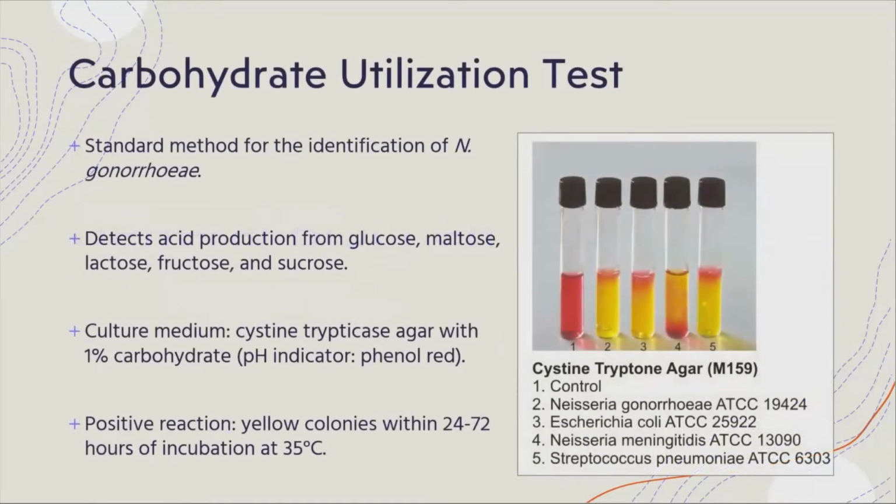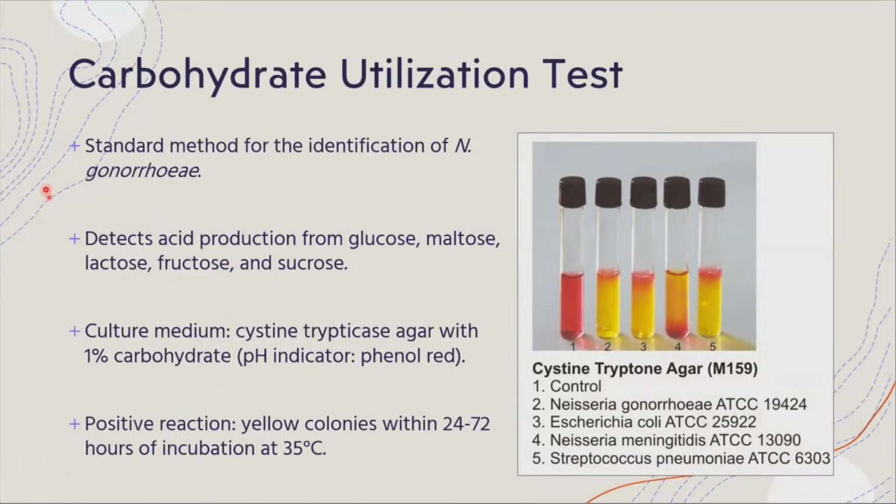So first is the carbohydrate utilization test. Like we have mentioned, pathogenic Neisseria utilize at least one carbohydrate, while the non-pathogenic species of Neisseria do not utilize or ferment carbohydrates. So we use this in order to differentiate those two types of organisms under Neisseria.